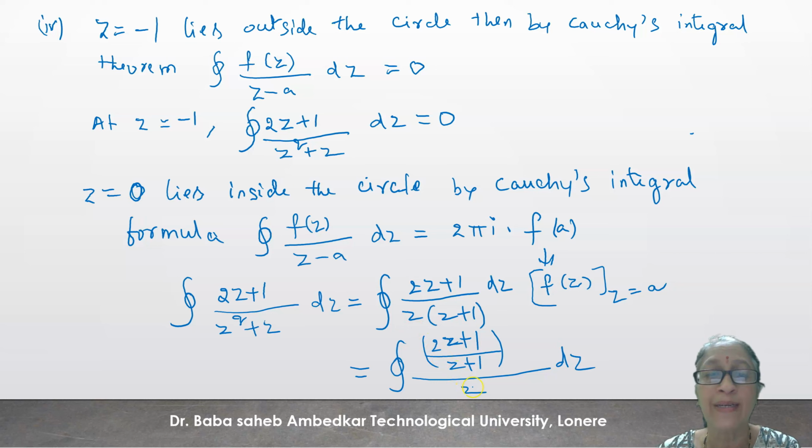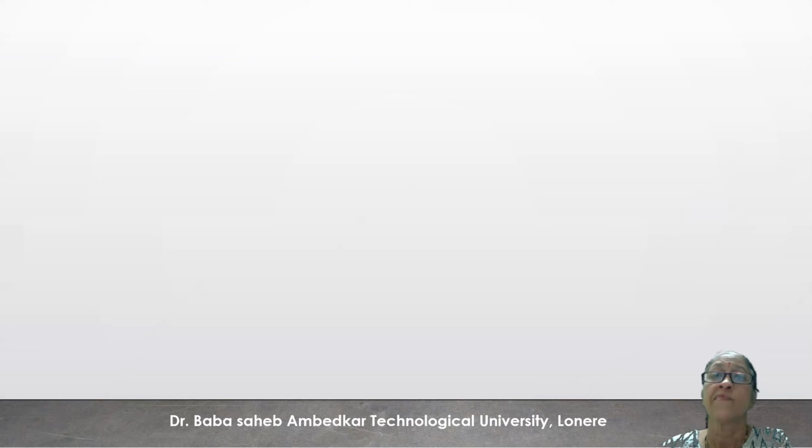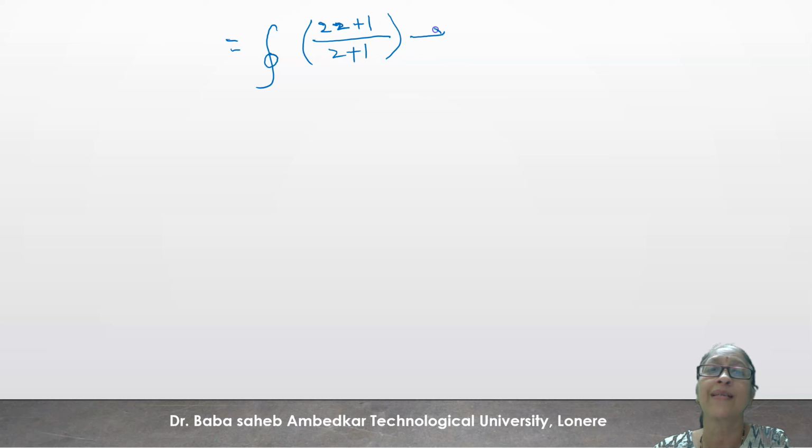So z should be in the denominator and all the remaining terms we write in numerator. Okay, then here that is equal to integral of (2z plus 1) upon (z plus 1). Here this one is nothing but f(z) upon z minus 0 dz.